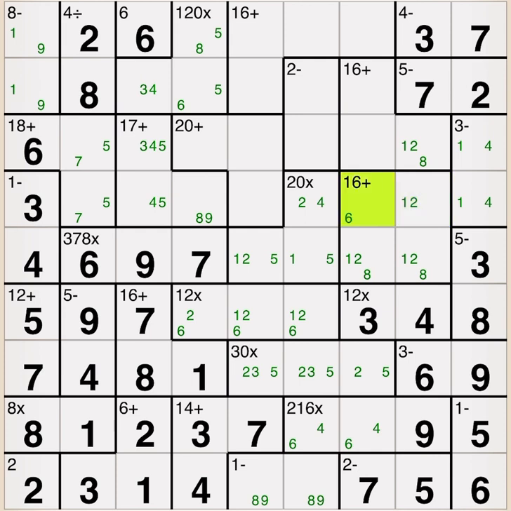Can't be 2, 5 because, as I've said a number of times, we can't have any more 5s in that row. 8, 2, we could have 1, 5 again, or 2, 4. 2, 4 won't work because I've got 2, 4 there, so I can't have 2, 4 in the other two cells beside that. So the only possibility there is 6, 1.